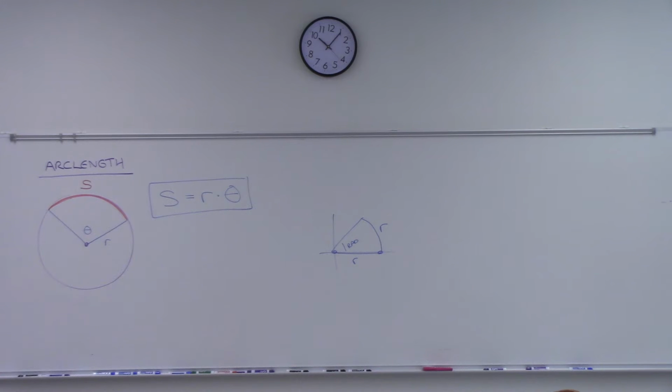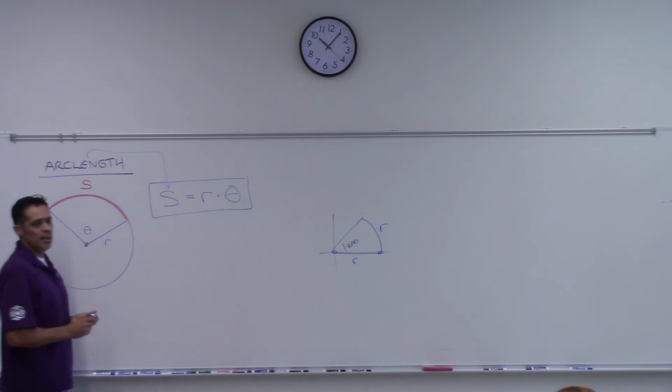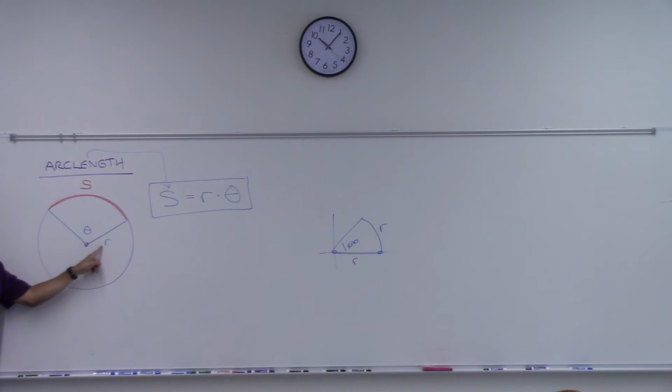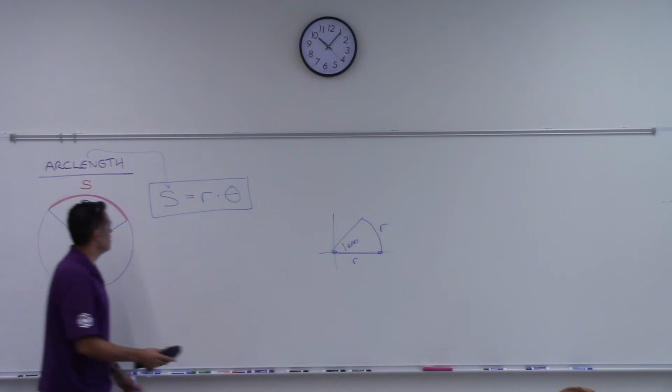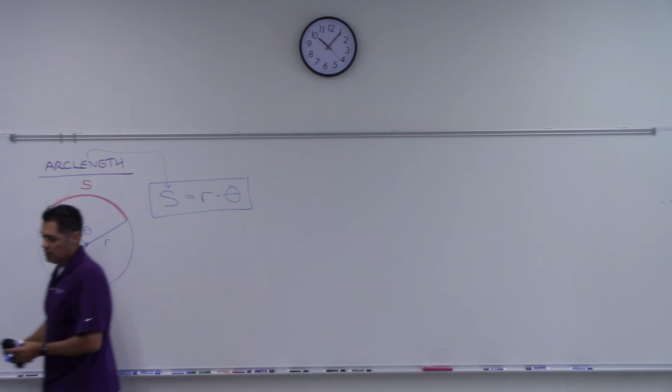Your arc length S is always equal to the radius times the angle. Always. If you want me to prove it again, let's have calculus class together. We can show that. That's Cal 2 as well.